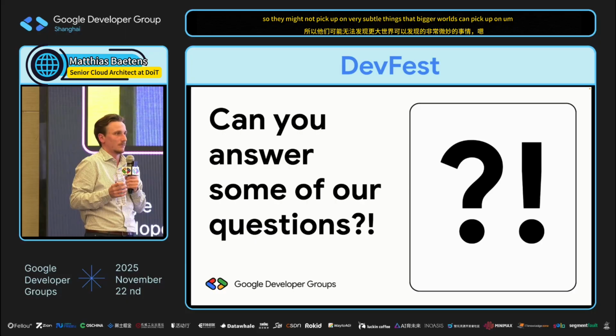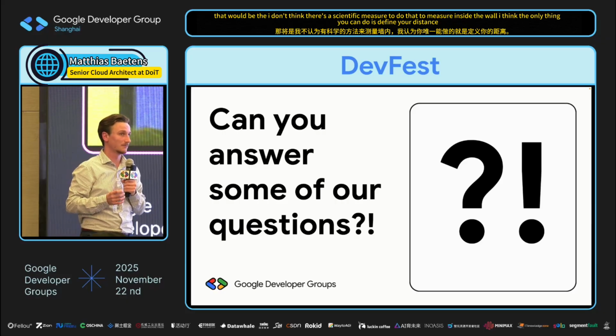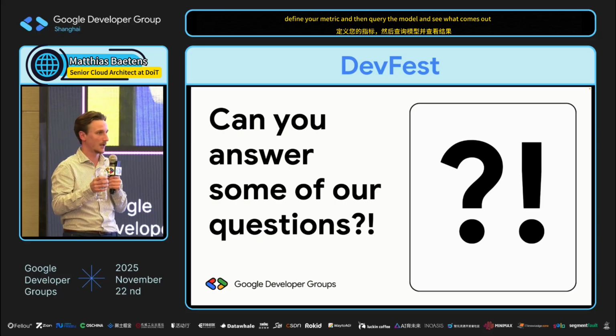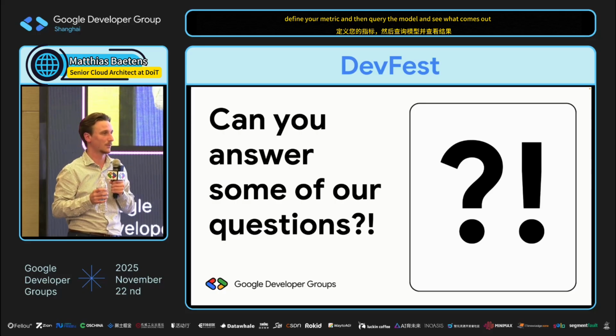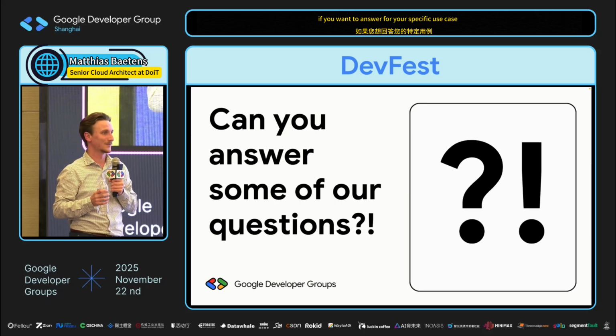So they might not pick up on very subtle things that a bigger model can pick up on. I don't think there's a scientific measure to measure that inside the model. I think the only thing you can do is define your task, define your metric, and then query the model and see what comes out, if you want to answer for your specific use case.